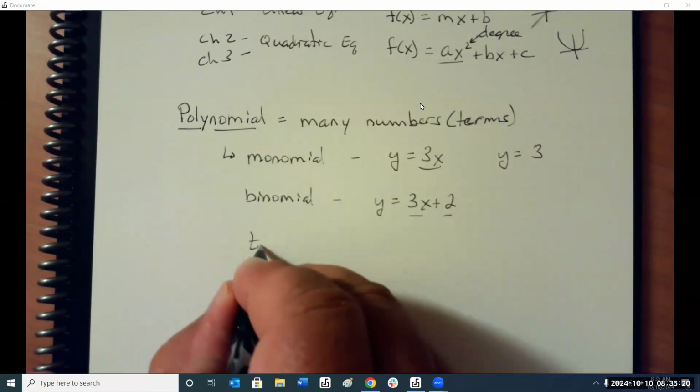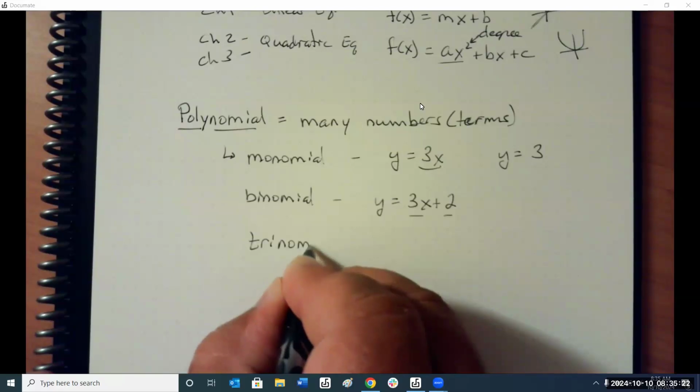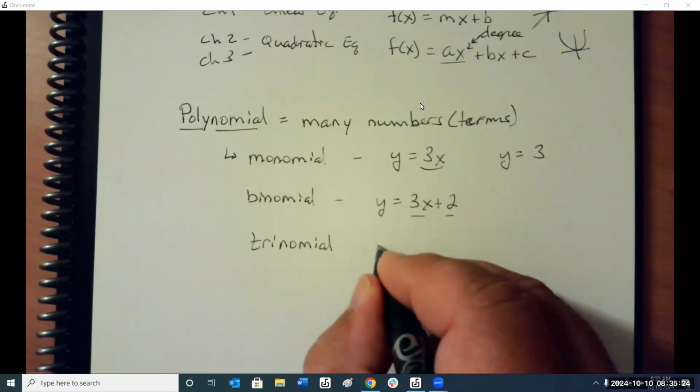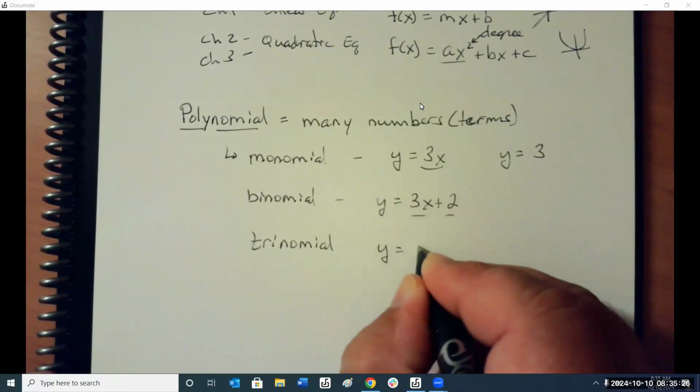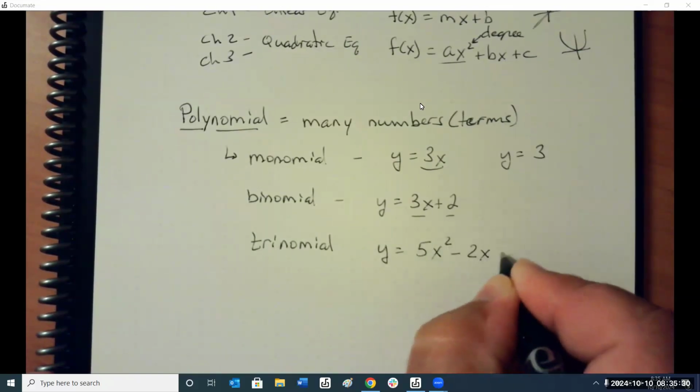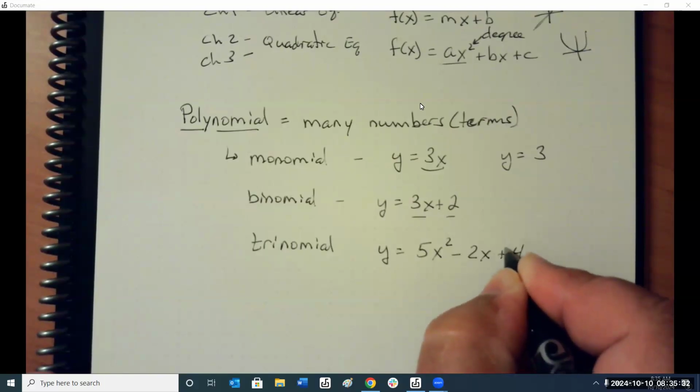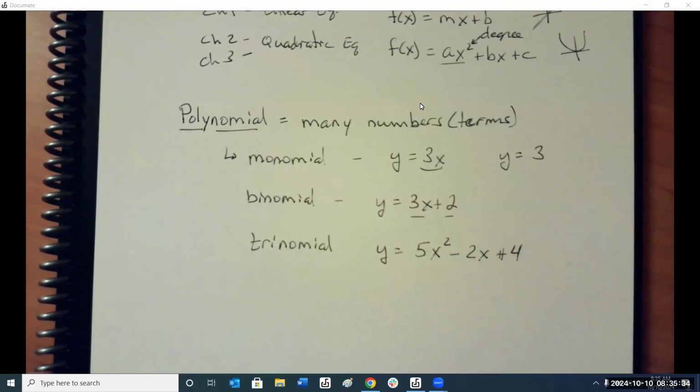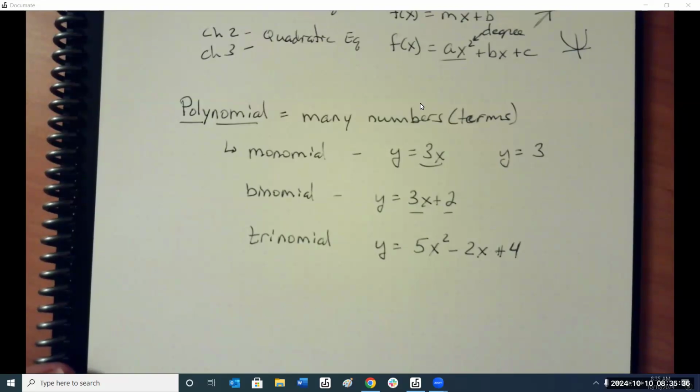It could be a trinomial, and so on and so forth.